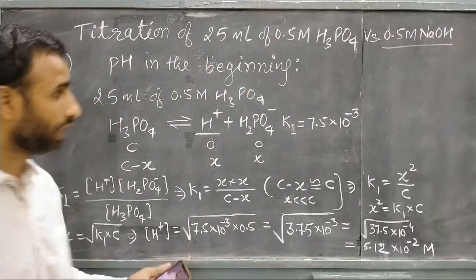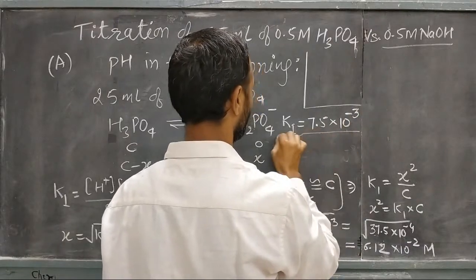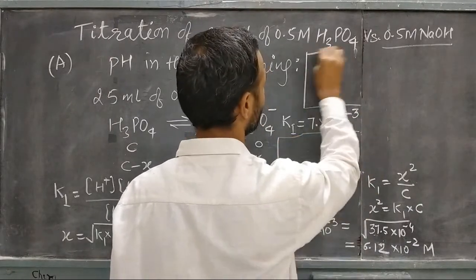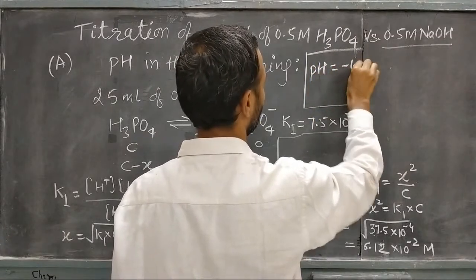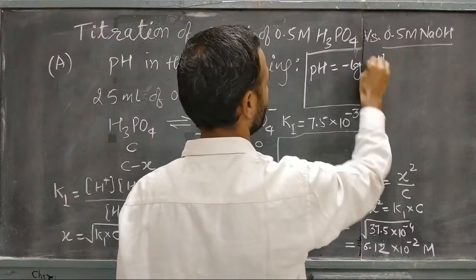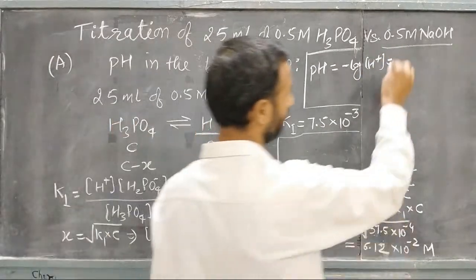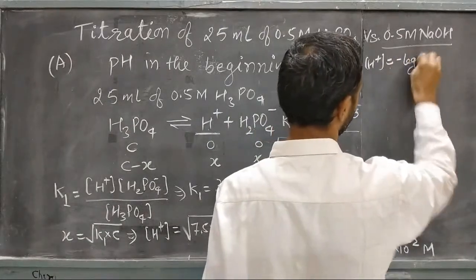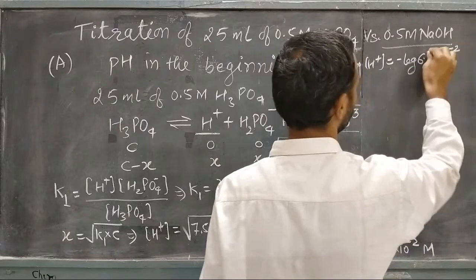Now after calculating the concentration of H plus ion, let us calculate pH. You know pH is minus log of H plus ion concentration, that is equal to minus log of 6.12 into 10 raised to power minus 2.